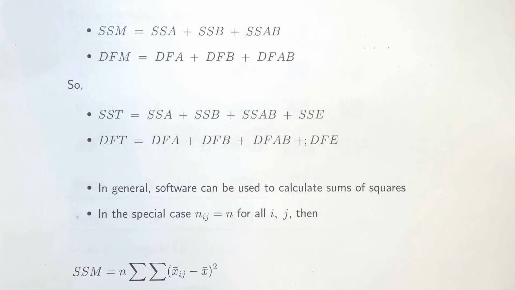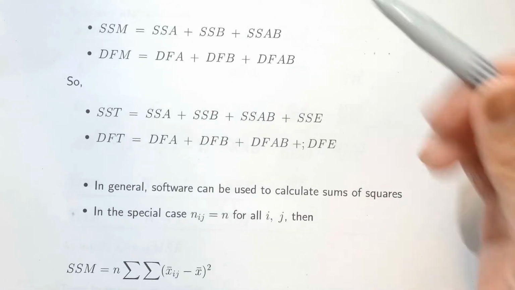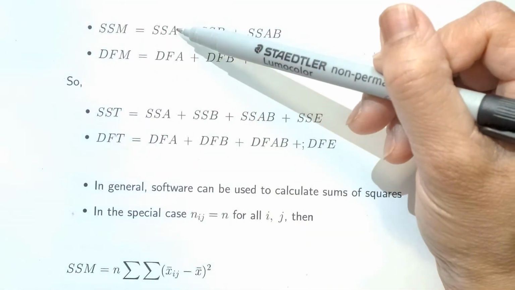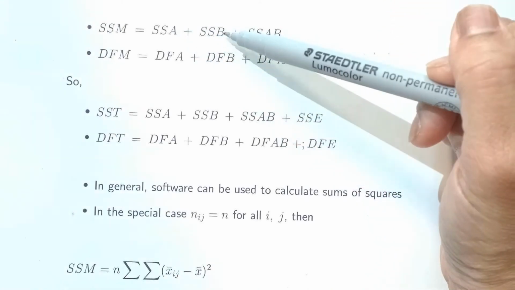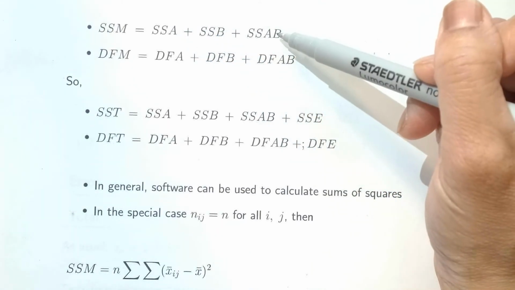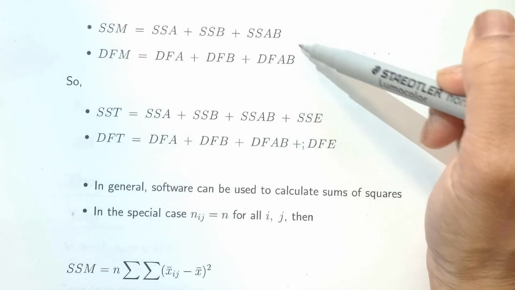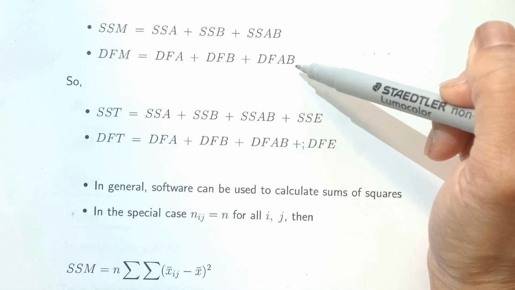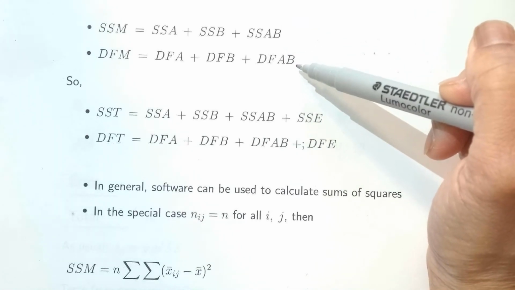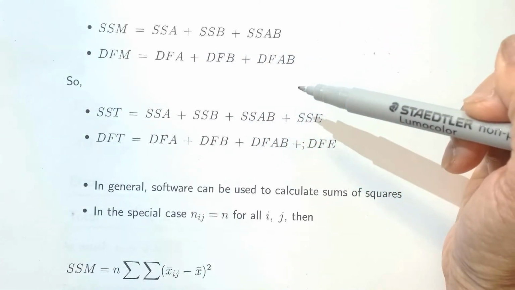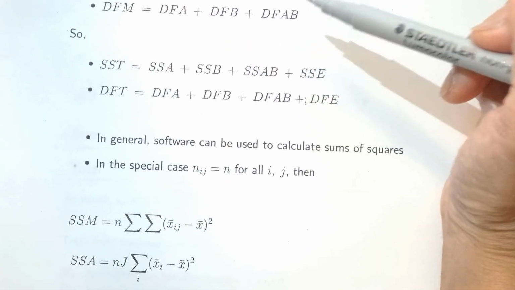And now we can rewrite our sum of squares model into the sum of squares for A plus sum of squares for B plus sum of squares for AB, and do the same thing for our degrees of freedom model as well, because remember we defined these all on the previous page.